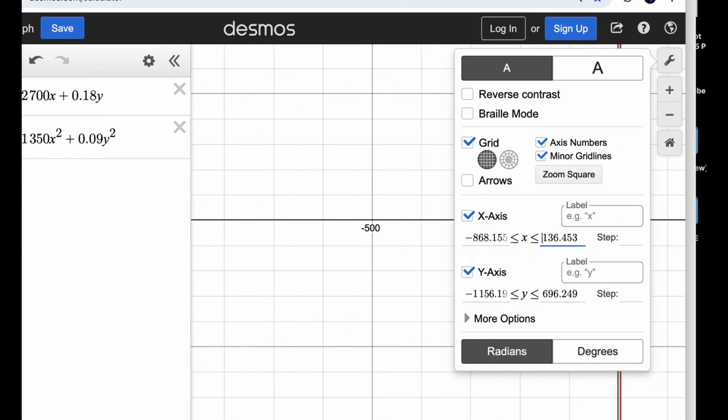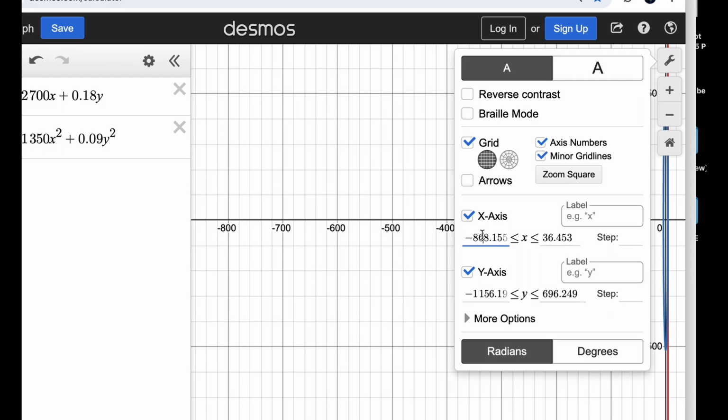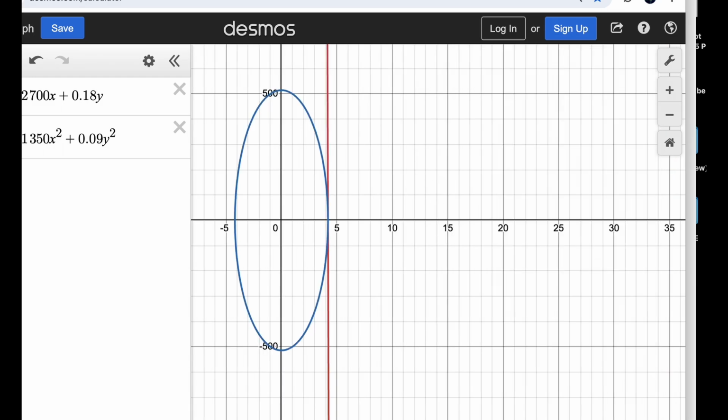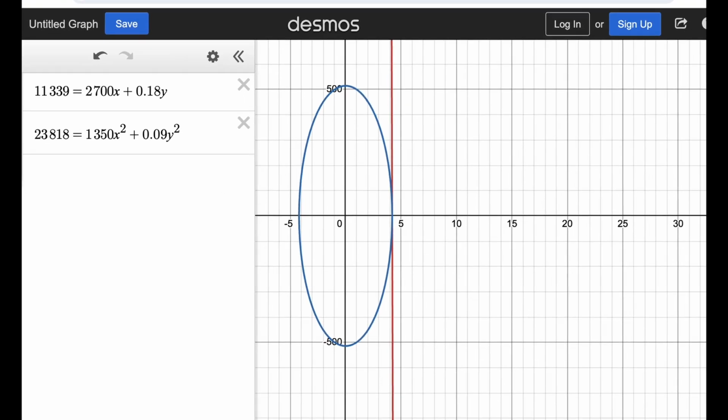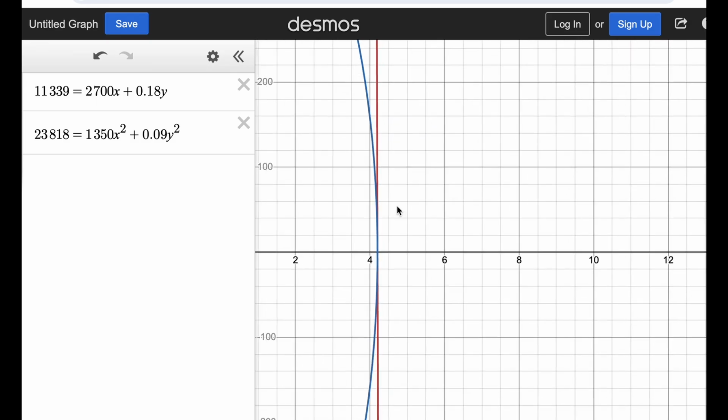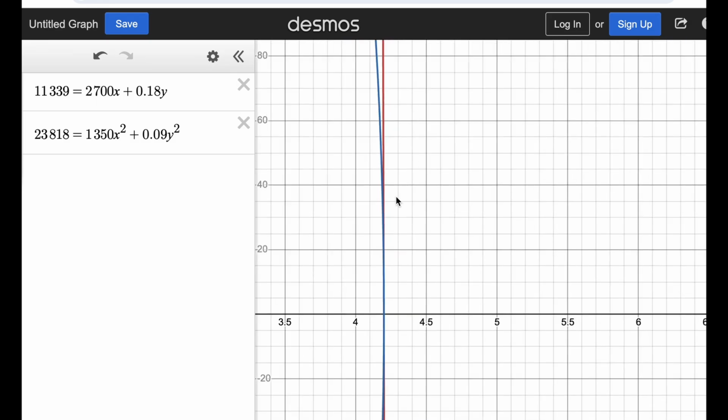So let's change the x-axis so we can see better. One of them is an ellipse, the other one is just a line. But we're going to have to find where they intersect in order to get the answer to the system of equations, right?